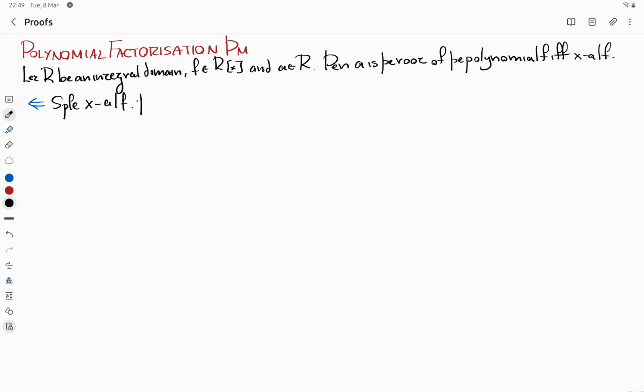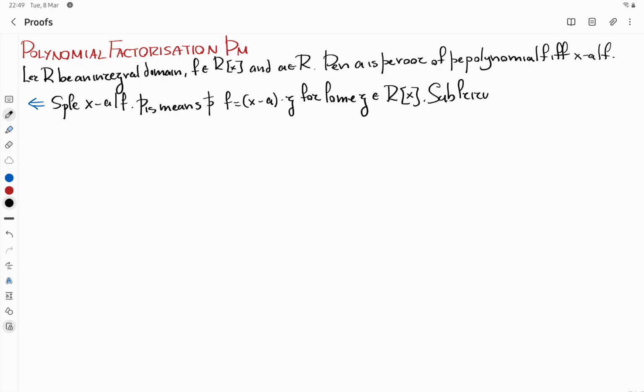Okay, this means that f is equal to x minus a times g for some g from the ring of polynomials R[x], right?